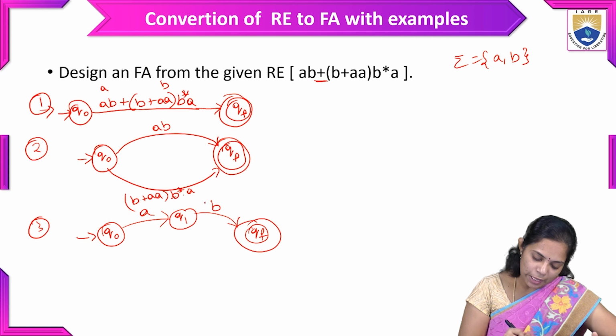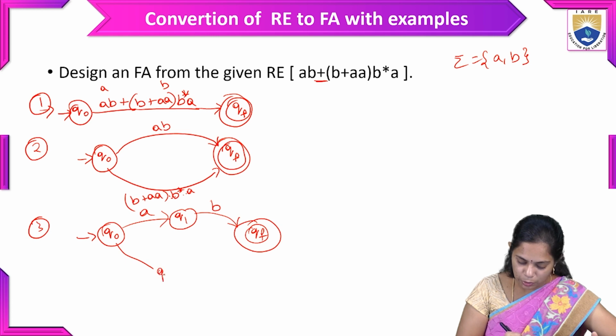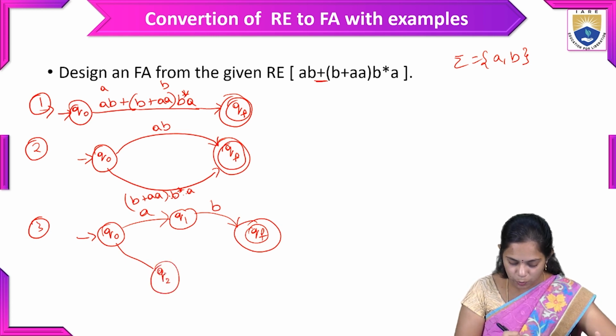After solving the AB concatenation, we have to solve these 3 concatenations. Here we are taking Q2 as one more state, and for Q2 the input symbol is B plus A, and it is reaching Q2.